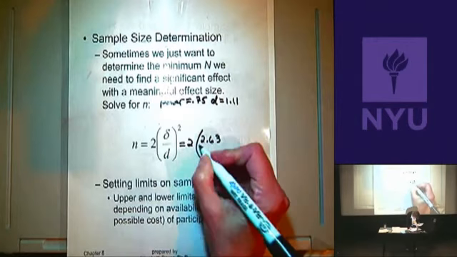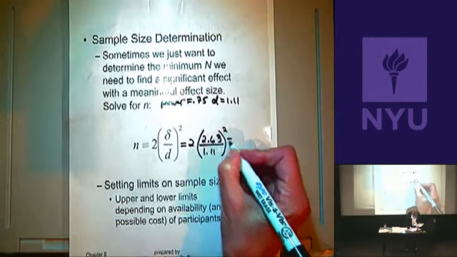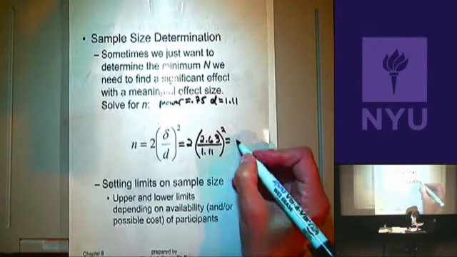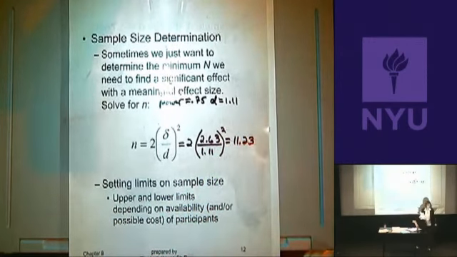Our effect size is 1.11. Don't forget to square it. And this gives us this. So what does that mean? No, I said for this study I want it to be 0.75. Not because of that. I just said let's use the effect size I got before.